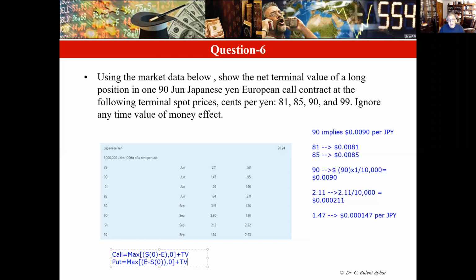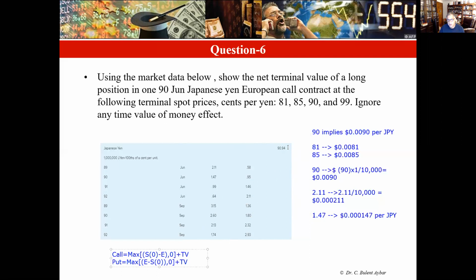So with the increasing exercise price, the intrinsic value should be increasing for the put option. Therefore, we have this relationship. Okay? So these are some preliminary concepts about options.